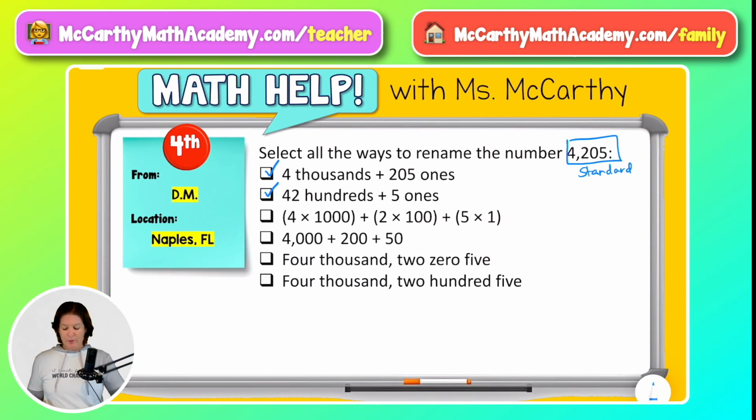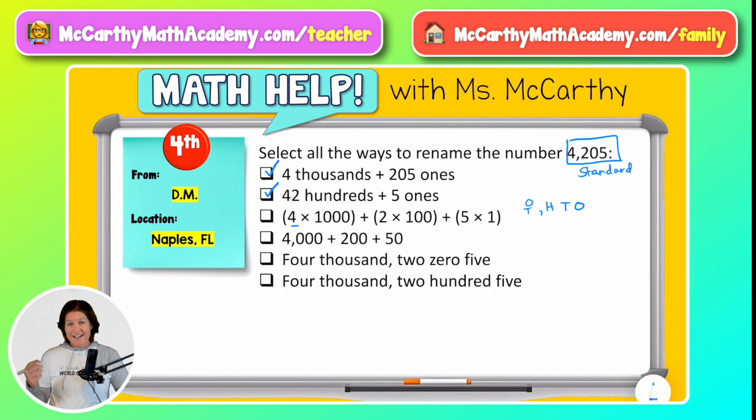The next example is written in expanded form. We're taking each digit and multiplying it by the value of the place that it's in. For instance, this is saying that the 4 is in the thousands place. So I can go ahead and just over here, ones, tens, hundreds, a comma splits the periods, and the 1,000s.